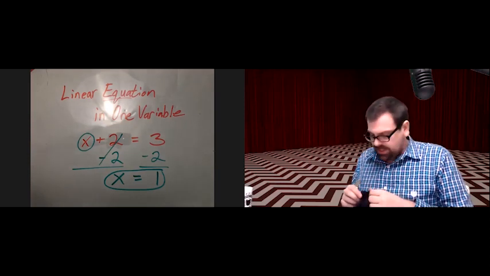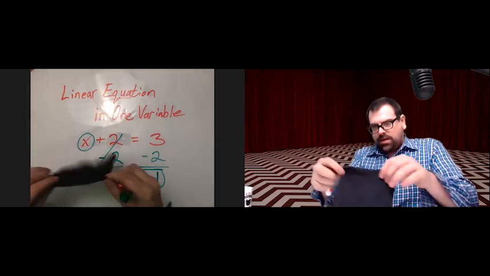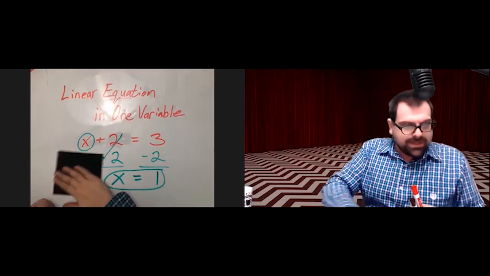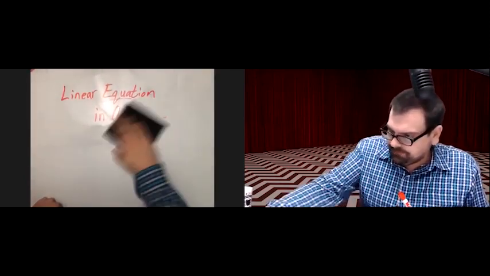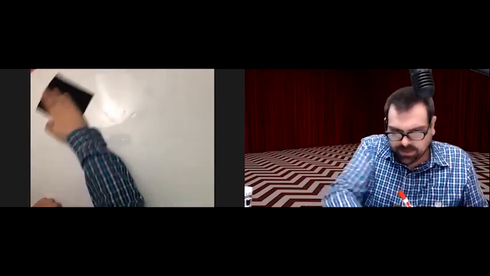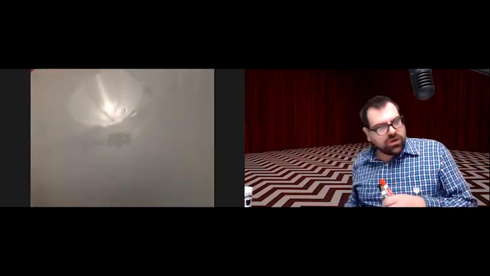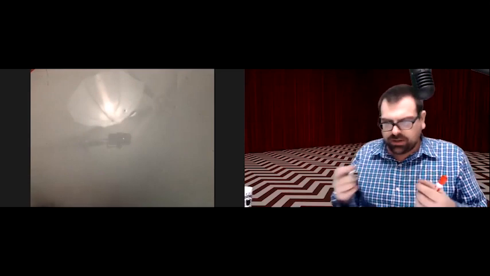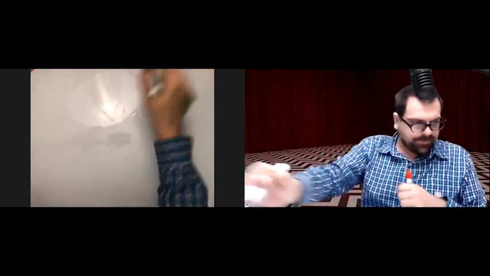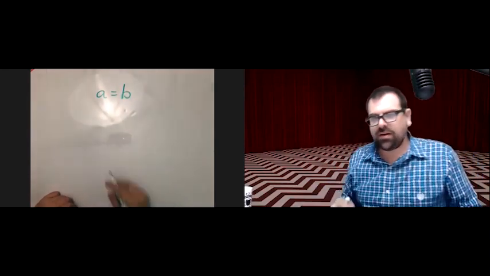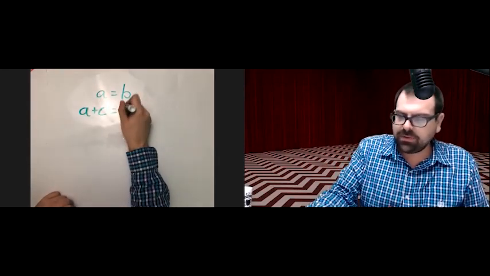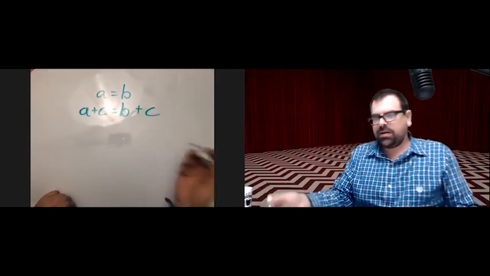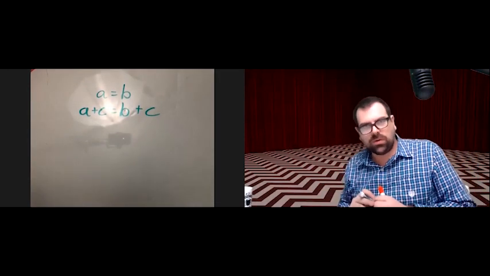So this is the addition property of equality. In English words, the addition property of equality, if we have two things that are equal, we can add the same thing to both sides and it will still be equal.